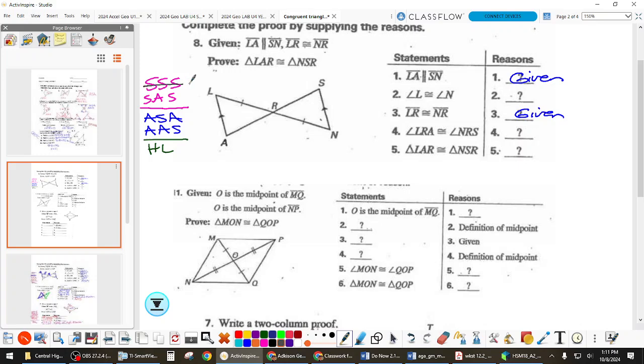We're not just doing it at random. We're saying there's probably very little chance of knowing that all three sides are congruent. In order to use this one, I would need another side. Right? So right now we know these two sides are congruent. Do I know anything about LA and SN being congruent? No. How about AR or SR?